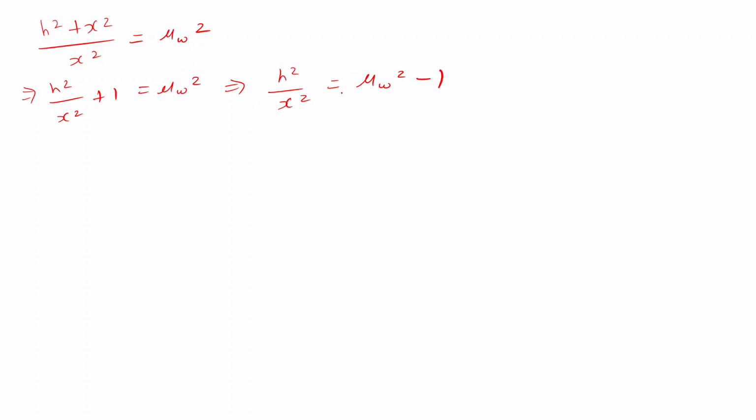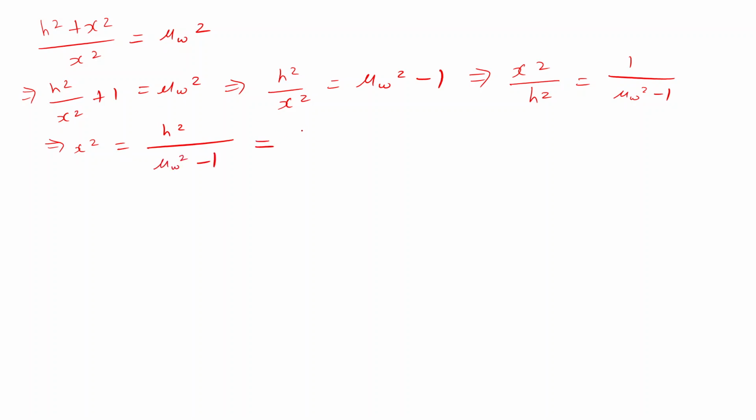Right? Now because I want to find out X square, I can just take reciprocal. So X square over H square will be 1 over mu W square minus 1. That means X square will be H square divided by mu W square minus 1.